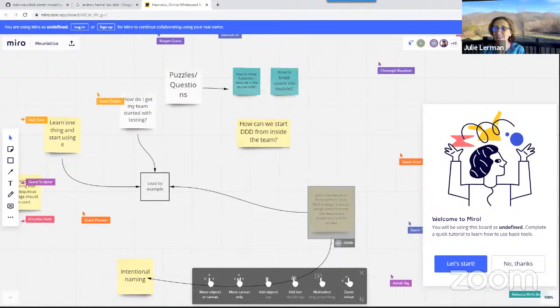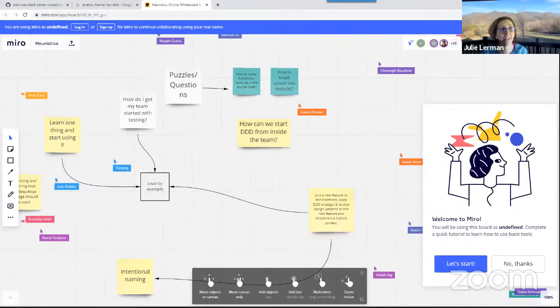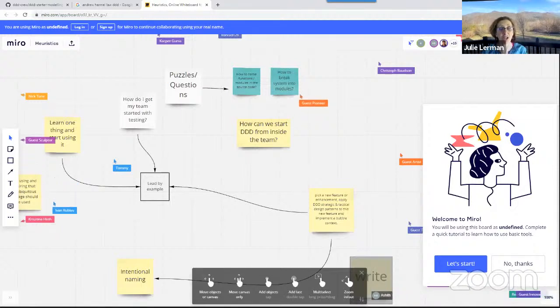But I think a really common thing is one person somewhere in the organization, but not somebody high up, a developer, a tester, or an architect, not necessarily the CTO, learns about DDD, or maybe just keeps hearing about DDD but doesn't really know what it is yet.